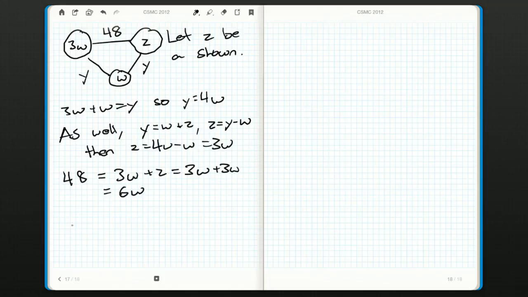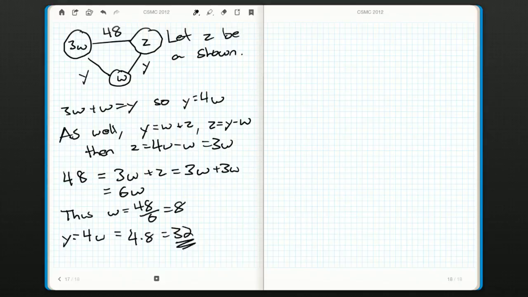So 48 is actually 6w. Thus w is going to be 48 divided by 6, which is 8. Y is going to be 4w, that was the first thing we figured out. Well, we know w is 8. So y is 32.